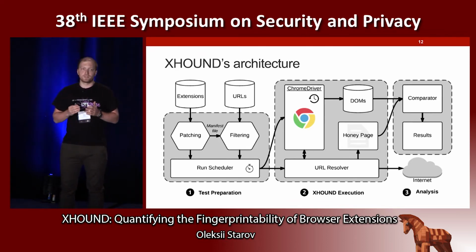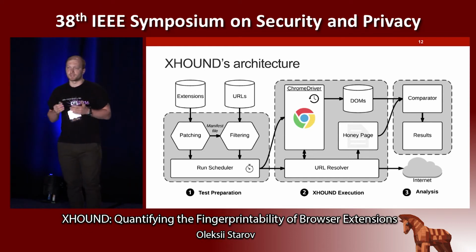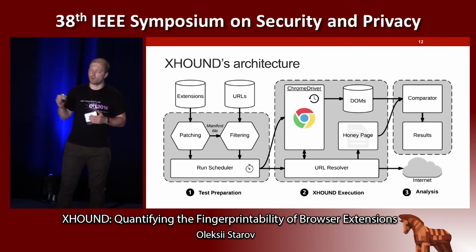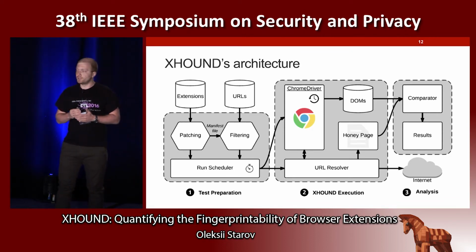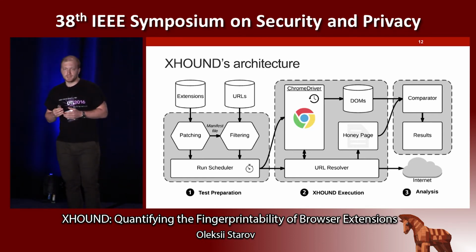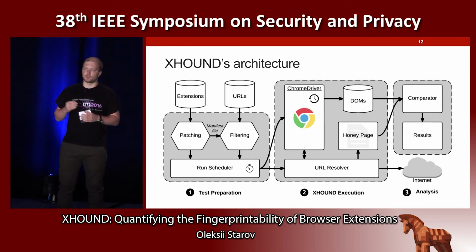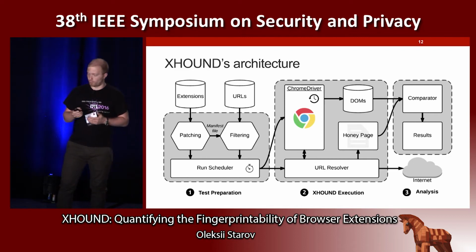But instead of visiting real websites, we pretend to visit those URLs, and instead we visit our specially crafted honey pages. As a result of each test execution, we save the final state of the DOM tree of the web page. As a final step of the analysis, we compare these DOM dumps with the nominal DOM. By doing that, we can extract the modifications that were caused by the extension.